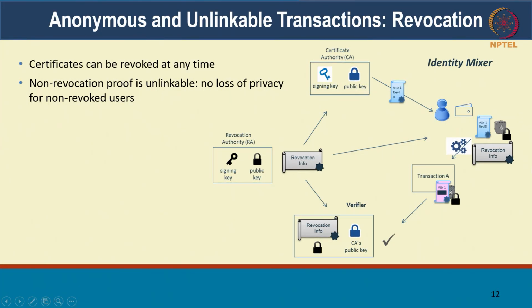Whenever someone is verifying a transaction, they're going to go back to the revocation list and check whether the certificate is still valid or whether it's been revoked. Right? It's also possible to do that in a privacy preserving manner. For all non-revoked users, there will be no loss of privacy because of this non-revocation proof. Showing that this certificate has not been revoked can also be done in a privacy preserving manner.